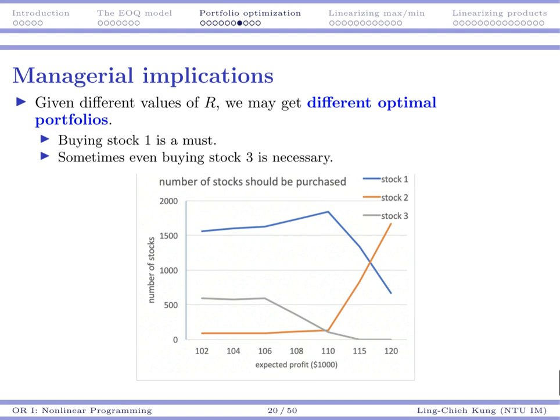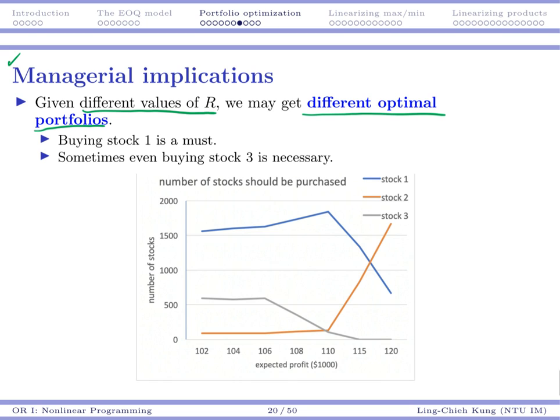If you really try to solve the models, you're going to get some managerial implications, which are also very interesting. Given different values of R, if you use solvers to solve the problems, you will get different optimal portfolios.